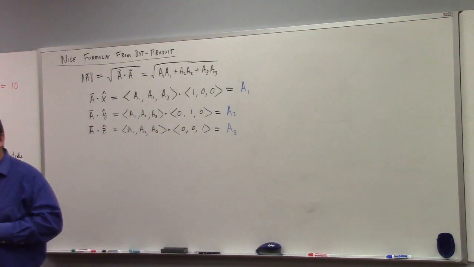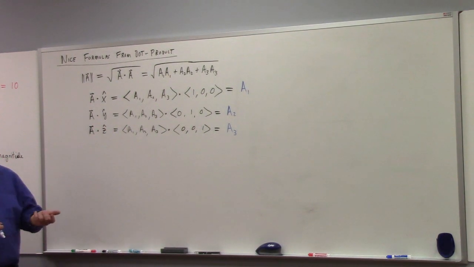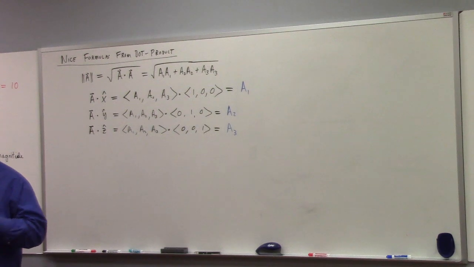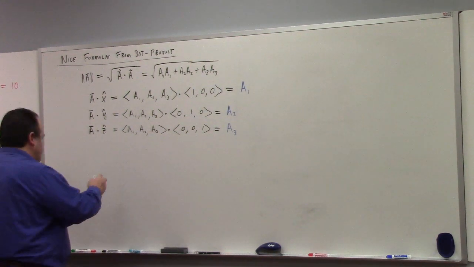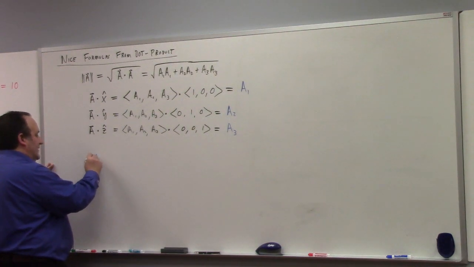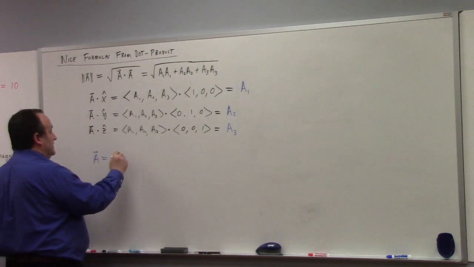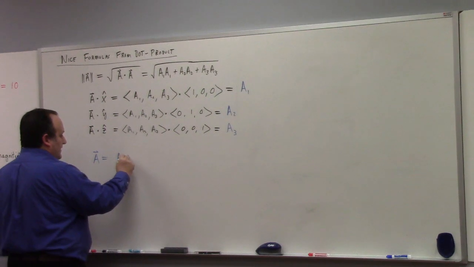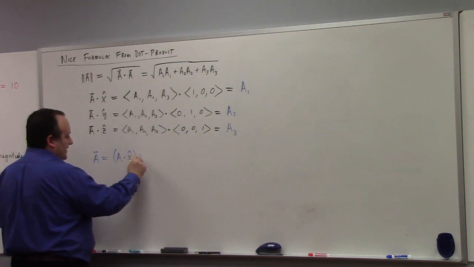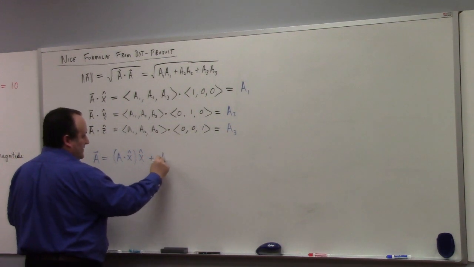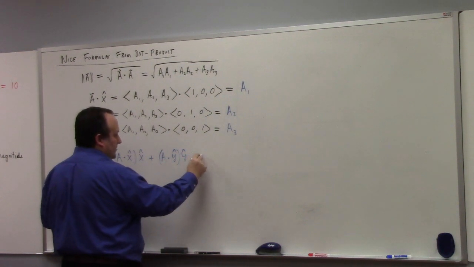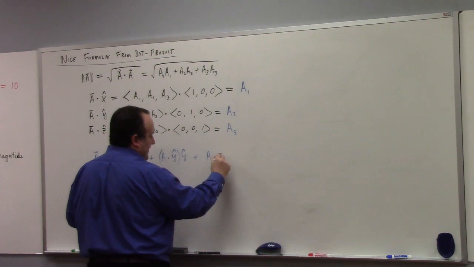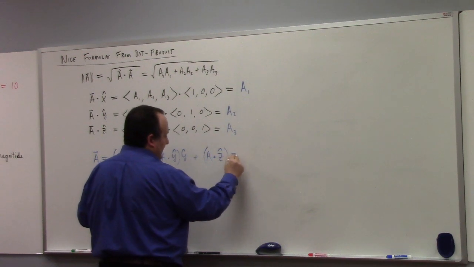In other words, the dot product with the unit vector in the direction selects the component of the vector in that direction. So I can write A is A dot x hat times x hat plus A dot y hat times y hat plus A dot z hat times z hat.